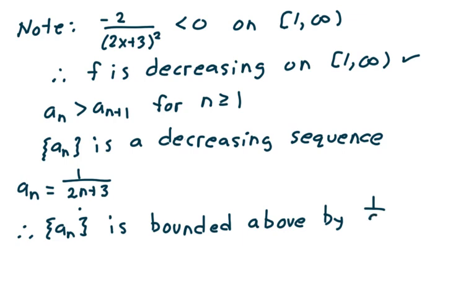So it's bounded above by 1/5. We could have said 1/3, by the way, for the record. A sub n most certainly is bounded below by 0 because none of the terms are negative, right?